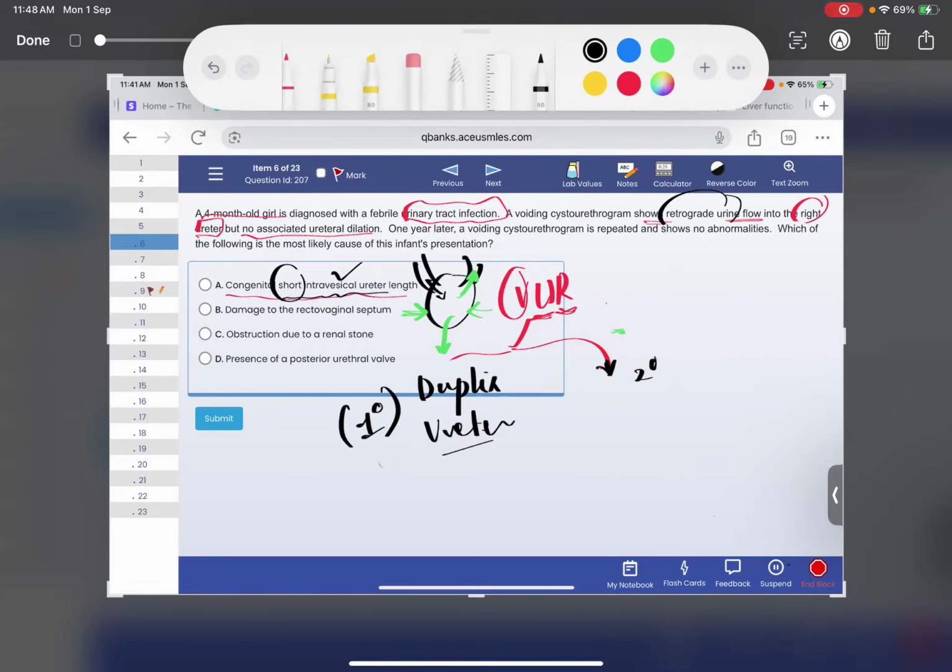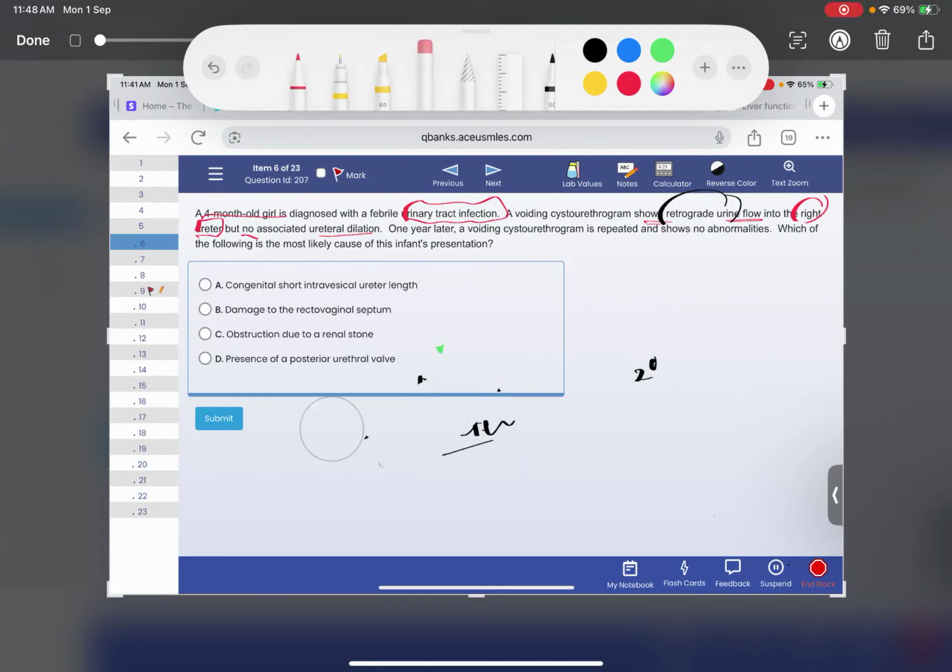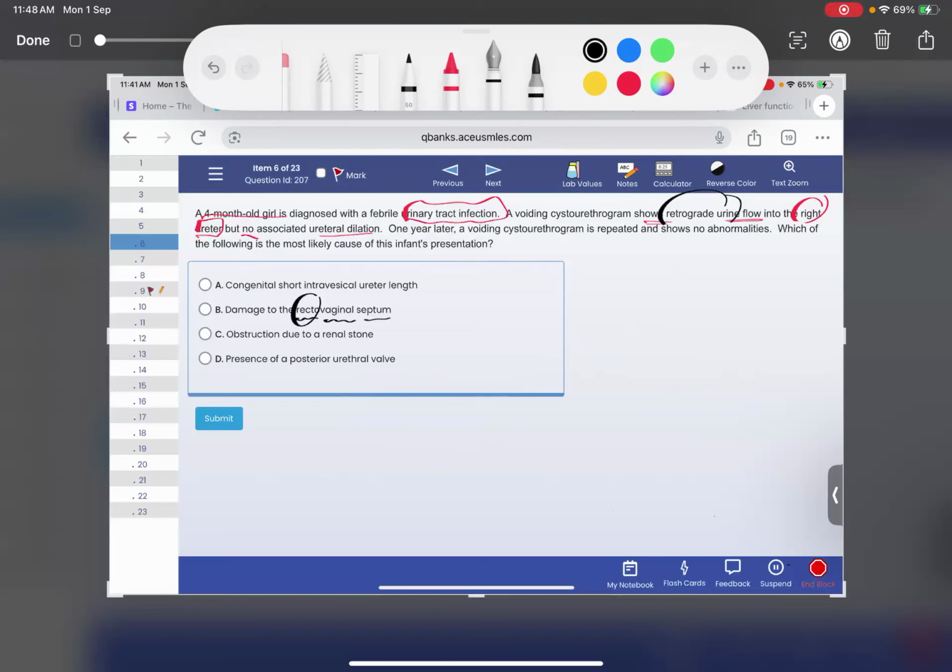So what about the other options? In anatomy questions, they will give you options which we can easily exclude because they are not related to our stem. Recto-vaginal symptoms are related to the rectum.